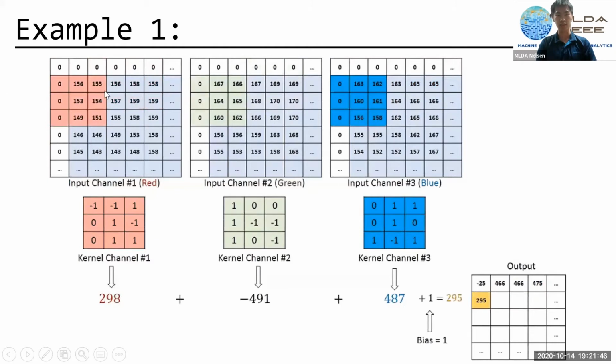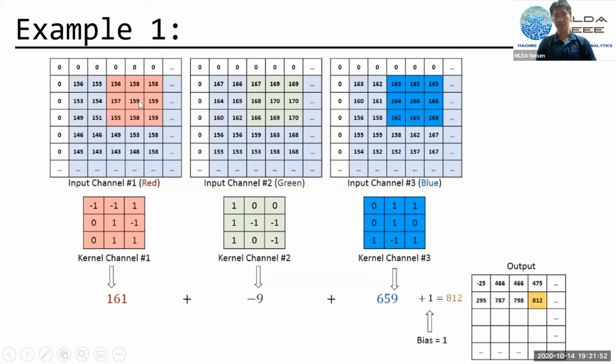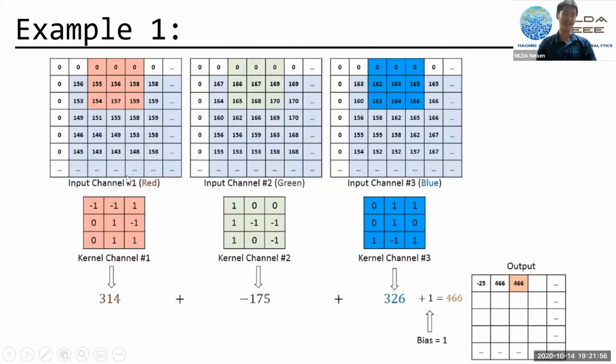Convolution is basically you multiply this matrix with this matrix, and then you add up the element-wise multiplication. So let's say for this one, 156 times -1, 155 times -1. You add up the multiplication, and basically that's what convolution does.